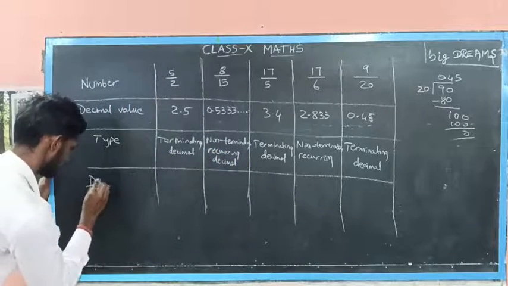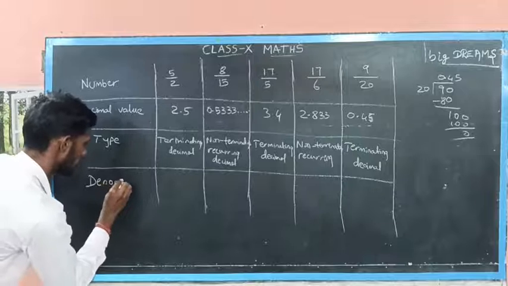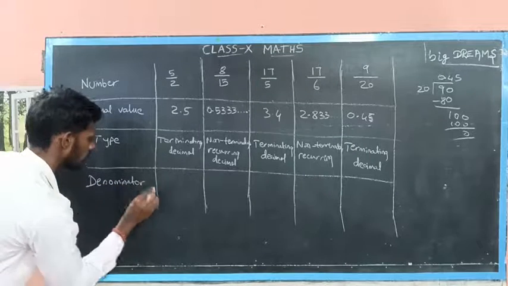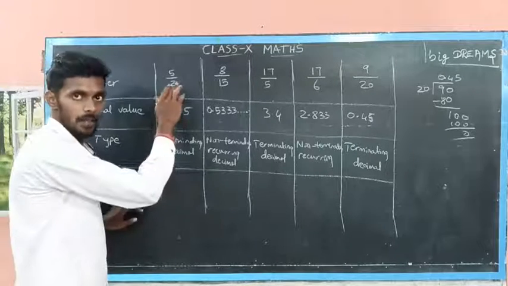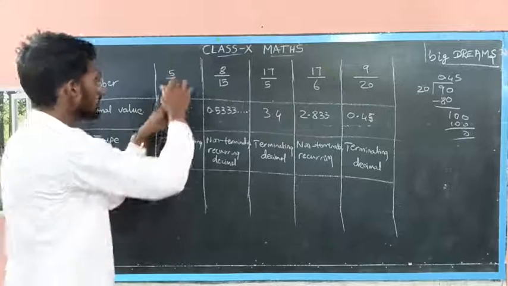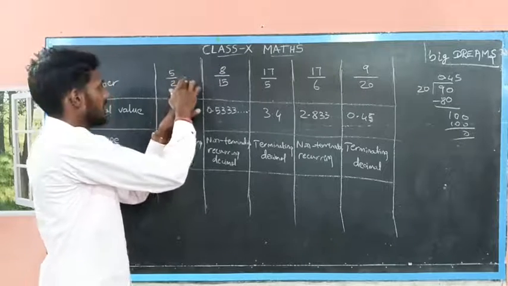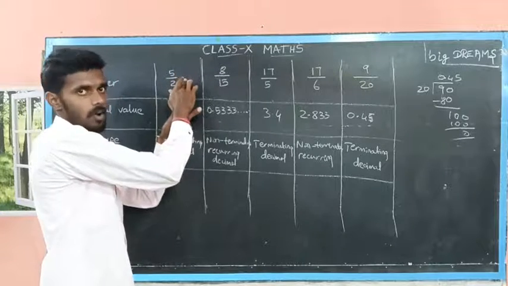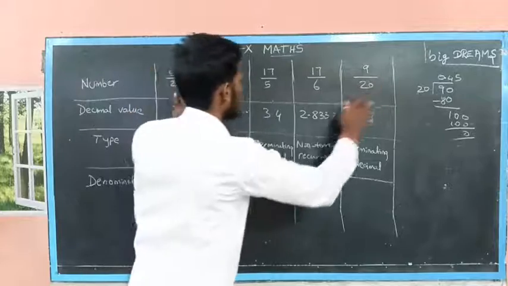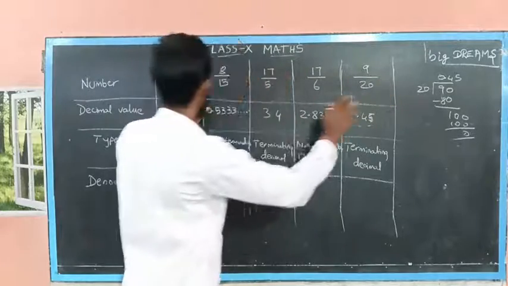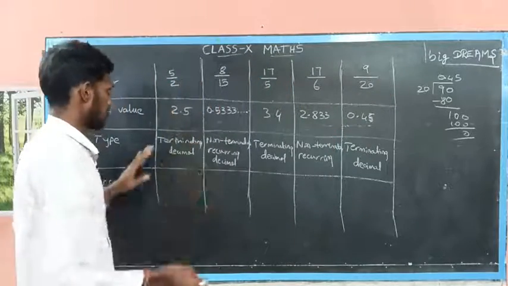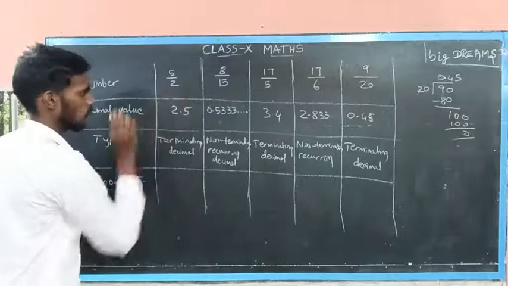So the trick is that you have to see the denominator. First see the number carefully, whether it is in its most simplified form or not. Here I have taken examples which are all in their most simplified form. So I take the denominator directly.